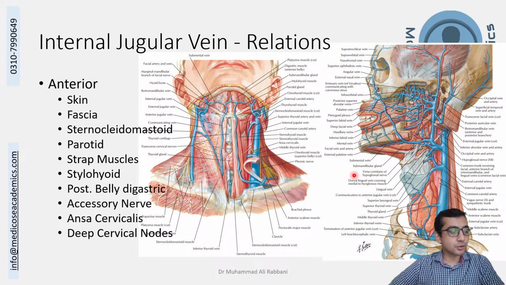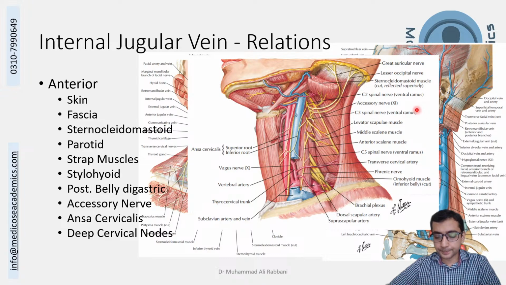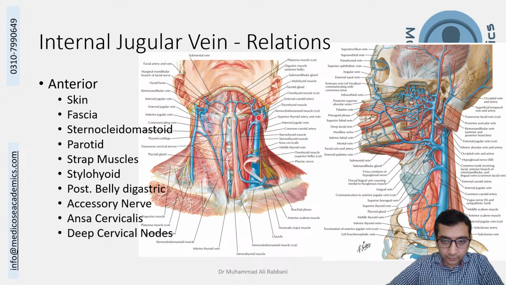The relations of the internal jugular vein is a commonly asked exam question. Internal jugular vein, anteriorly, it is related to all the structures that lead to the skin. So if we move from front to back, there is skin, superficial fascia containing platysma, then there is this muscle, sternocleidomastoid, and if we move from upwards, here the internal jugular vein is behind this set of areas.